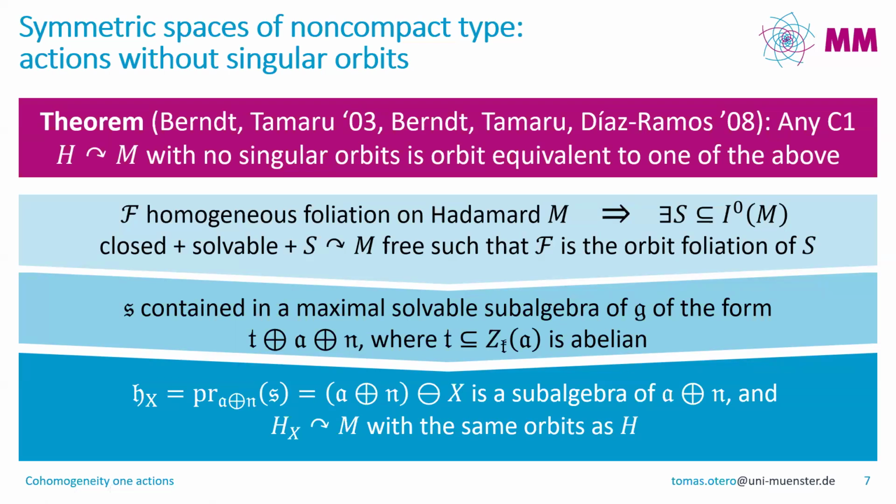And in fact, it can be seen that the corresponding subgroup acts with the same orbits as your original action. And after doing some congruence details, you show that x is either in a or in a simple root space.